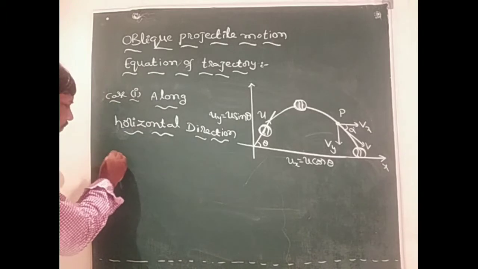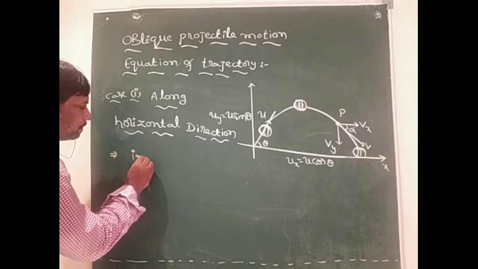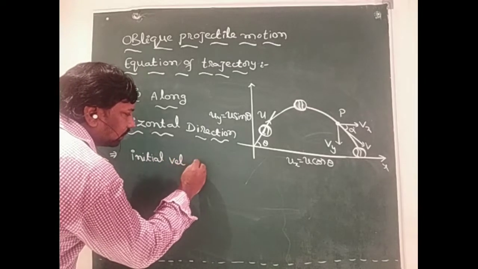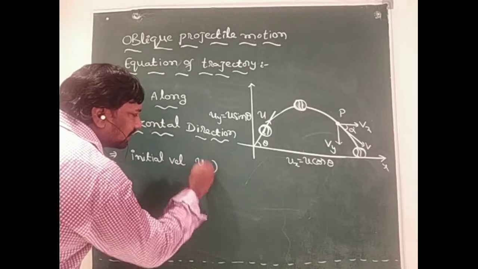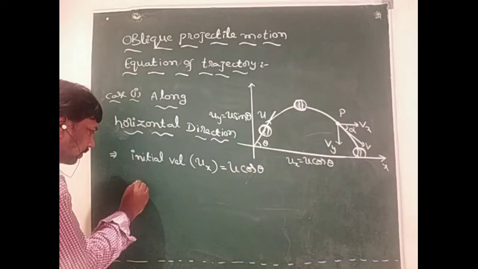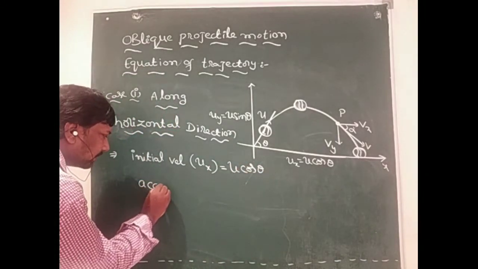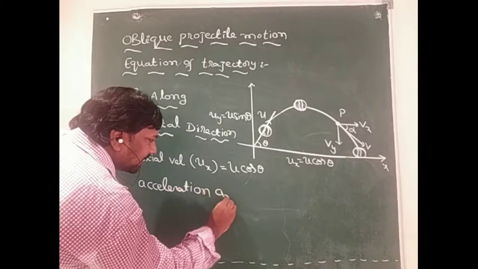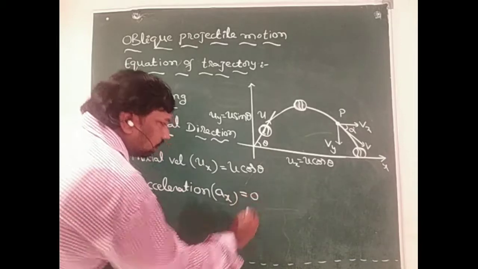Here the initial velocity ux equals u cos theta. Acceleration ax equals 0. Why?